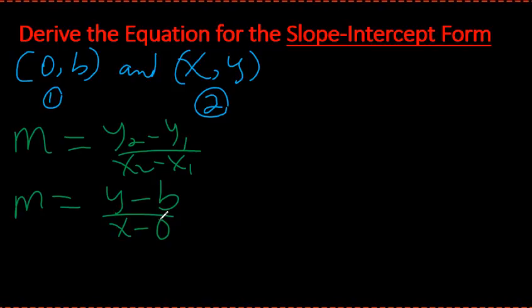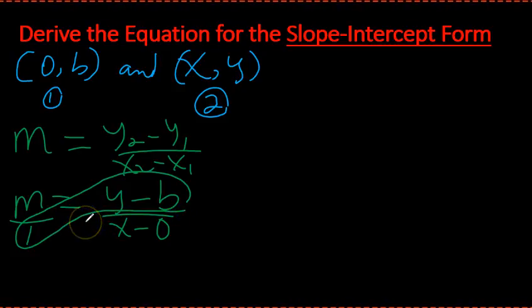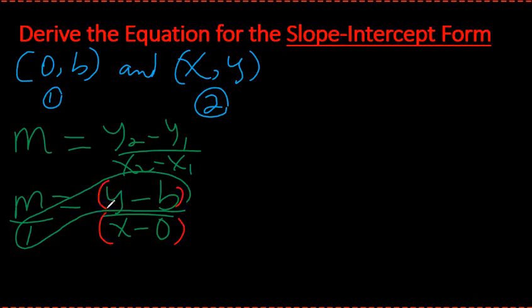Since this side is a fraction, we can put this over 1 to make it a fraction, and we can cross multiply. We can put them into a box since they are two terms.